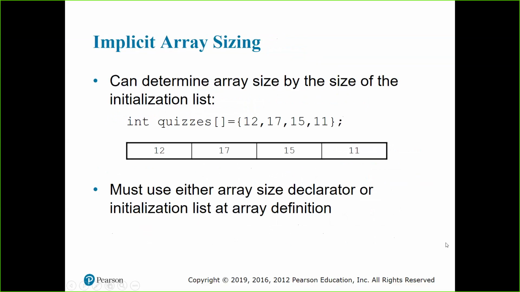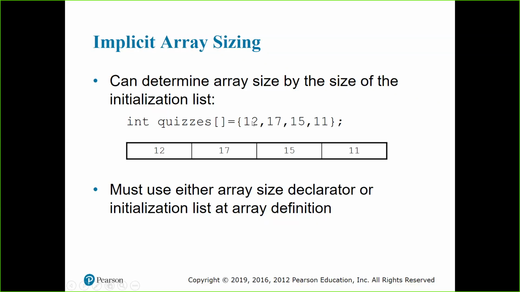Okay, and we can determine the array size from the size of the array initialization list. Meaning, if you provide the initialization list, then you can skip the size if you want. So int quizzes: you can skip the size value in the square brackets, and the compiler can guess the size of this array from the number of values that you provided in the list.